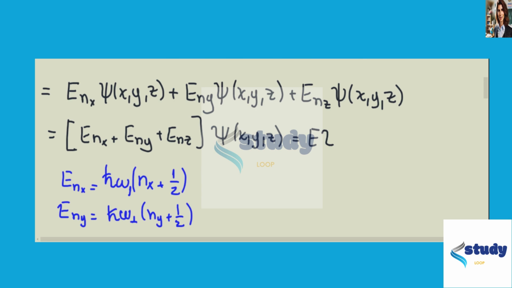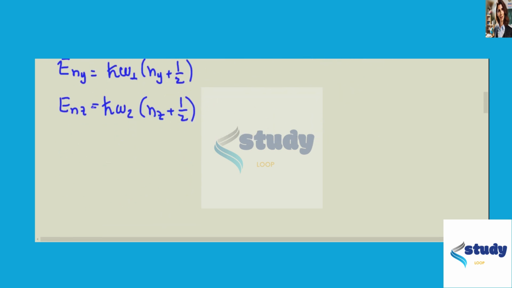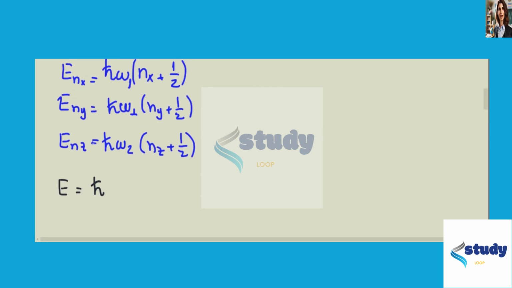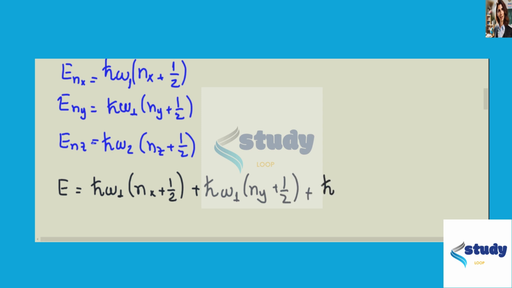if this is equal to the energy times the wave function, then the energy is equal to E_nx, which is h bar omega 1 times (nx plus 1/2), plus E_ny, that's h bar omega 1 (ny plus 1/2), plus E_nz, that's h bar omega 2 (nz plus 1/2).